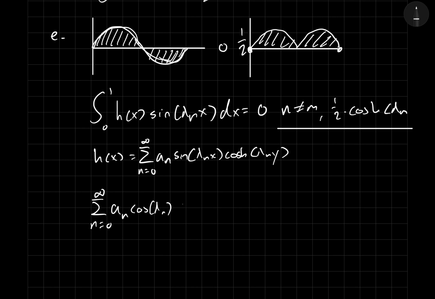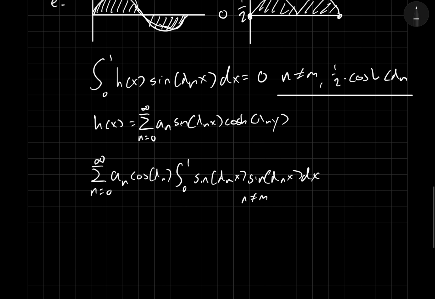And now our orthogonality finally is going to be the integral of sine mx times sine nx dx for n not equal to m.